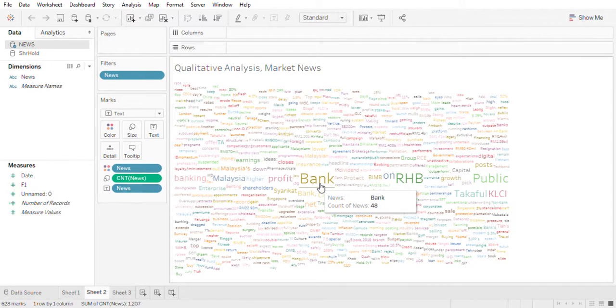So the major themes are: bank has been in the news all the time, banking, profit is being discussed, RHB is in the news for a very long time and a big number of times, Takaful, KLCI, Tune Protect, Public Bank, public, although not a public bank completely, but that is how the words have been picked up over here.